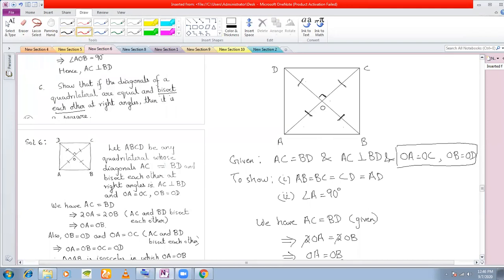Therefore, these two angles must be equal, right? And these two angles are equal and you know this angle to be 90 degrees. If these two are equal and this is 90 degrees, then this will be 45 degrees, correct?